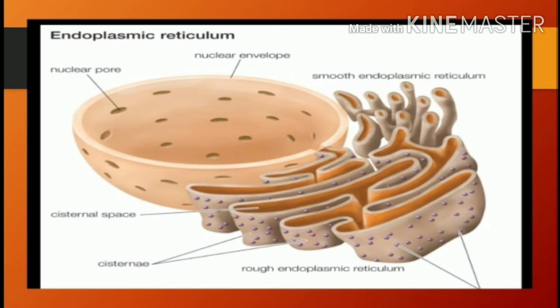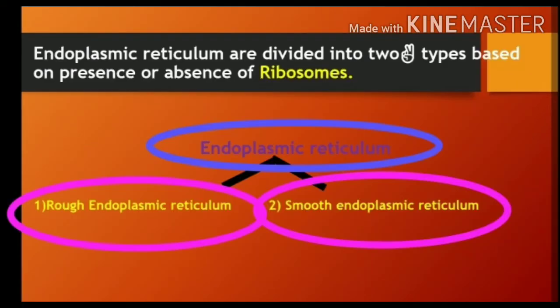Endoplasmic reticulum is divided into two types based on presence or absence of the ribosomes: rough endoplasmic reticulum and smooth endoplasmic reticulum, which we are going to study now.